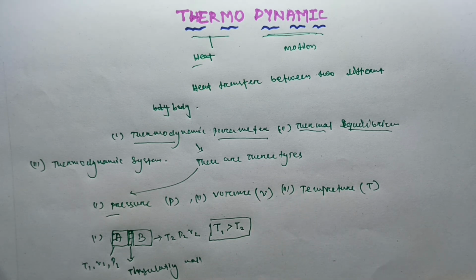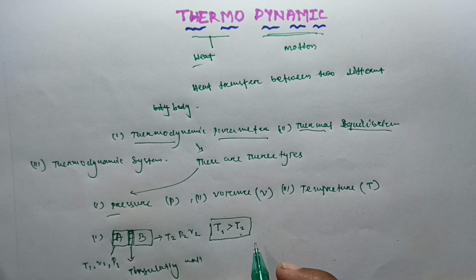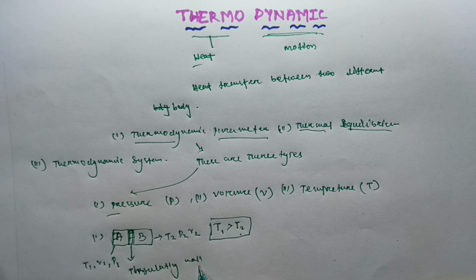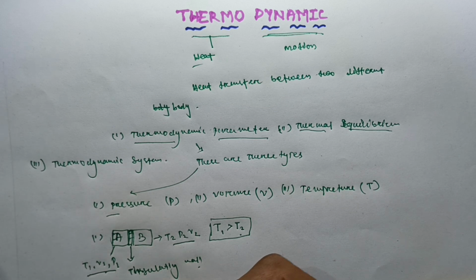We expect that heat will transfer from T1 to T2, but we are wrong, because there is an insulating wall between A and B. So in these two systems, their temperature, pressure, and volume will be constant.